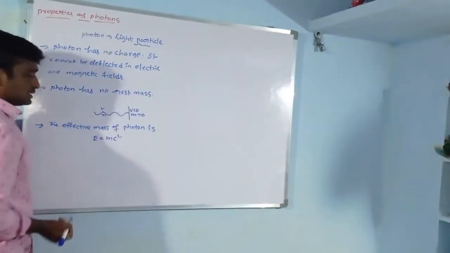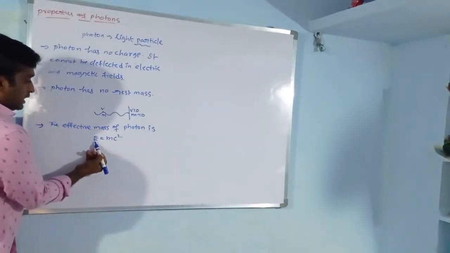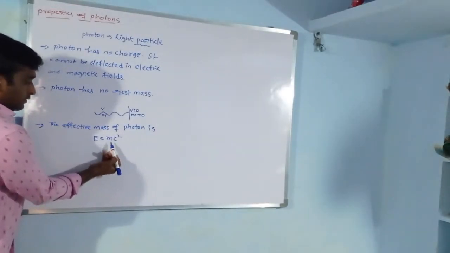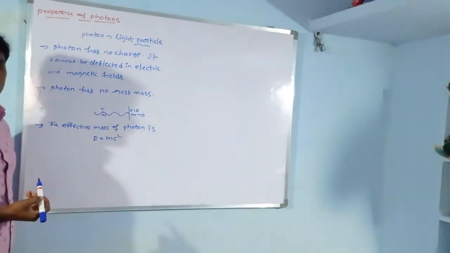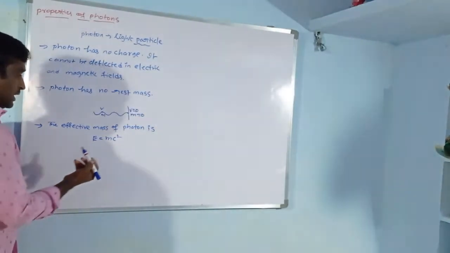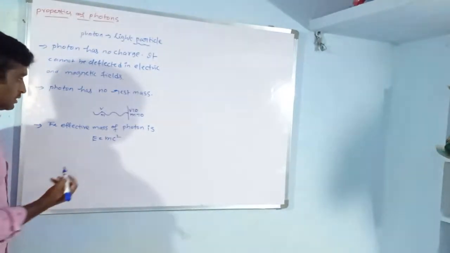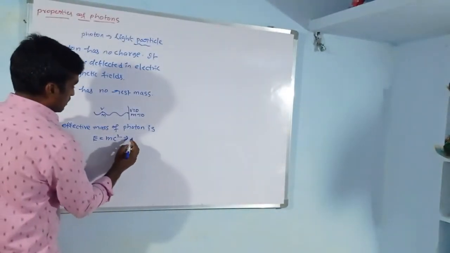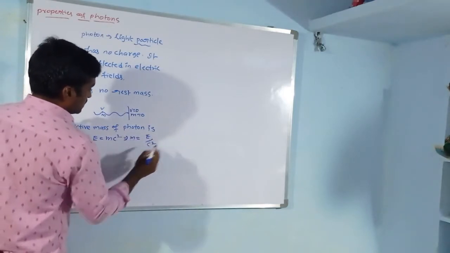This is the mass and energy equivalence formula. We can convert energy into mass and vice versa, that means we can convert mass into energy also. By using this formula, we can derive the effective mass of the photon: m = E/c².